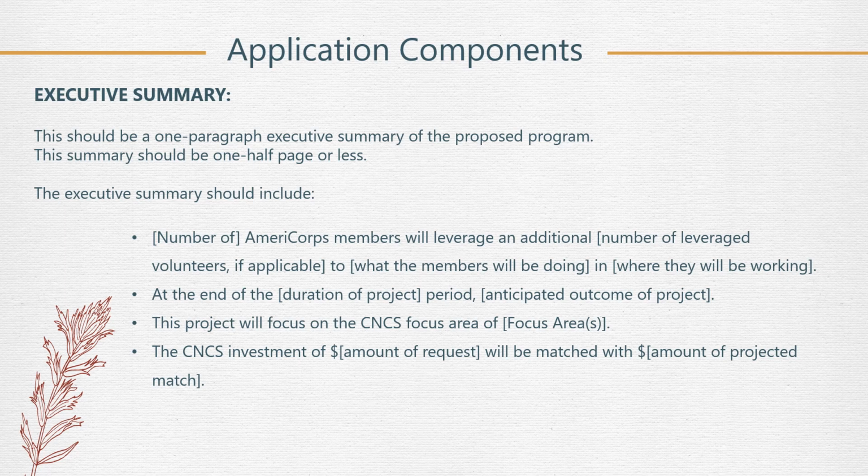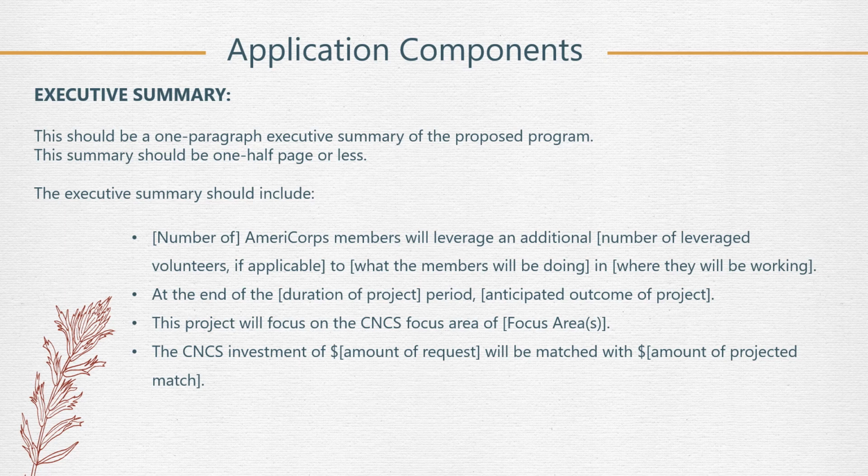Okay, so at this point, I'm going to walk through the different components of the application. These are some of the things that you are going to be looking over as you go through the application that you're reviewing. The first thing that you'll see is the executive summary, and this is a really brief synthesis of the proposed program. It should be half a page or less, maybe a paragraph or a couple paragraphs.